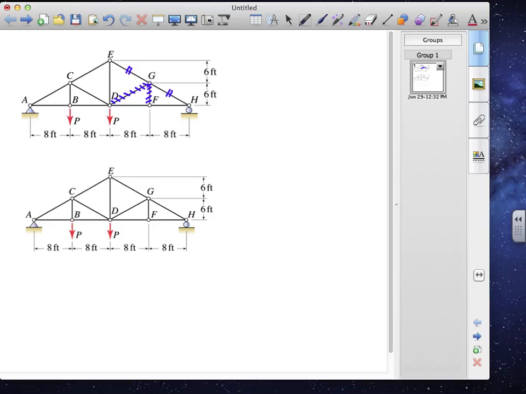Solution strategy number 1 is: impose moment equilibrium about A on the whole truss to find the vertical reaction at H. Then impose vertical equilibrium on joint H to find the load carried by GH.